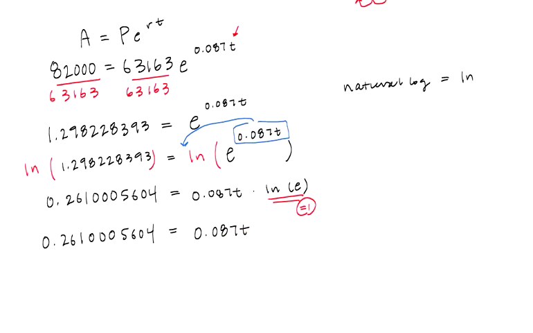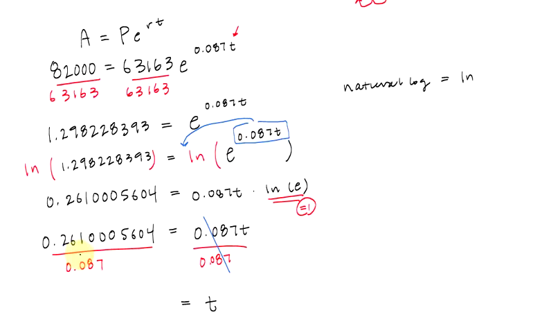And so our last step in this process is simply to divide both sides by 0.087. Oops. And we're going to divide the left-hand side by 0.087 so that we are left with t on the right-hand side since the 0.087 cancels out. And to determine what t equals, we're going to throw this into our calculator.